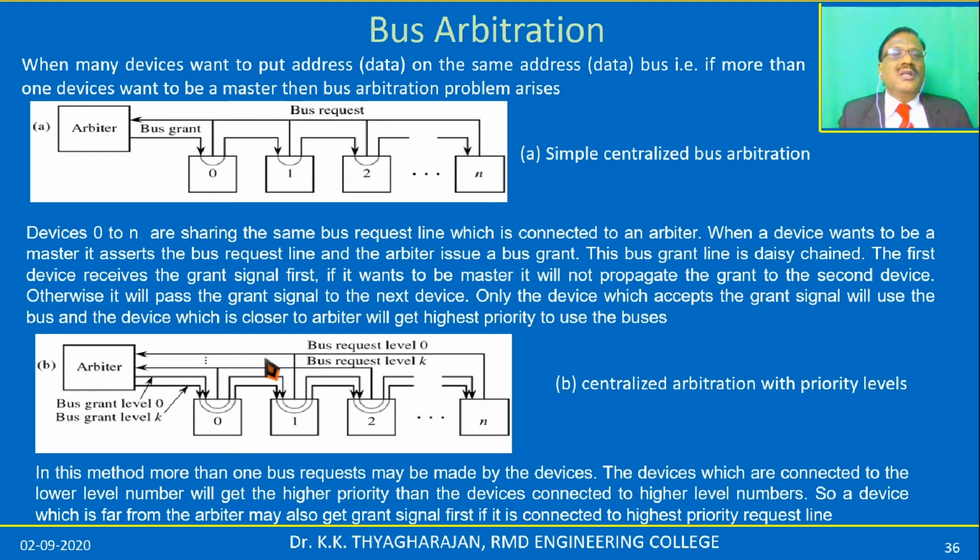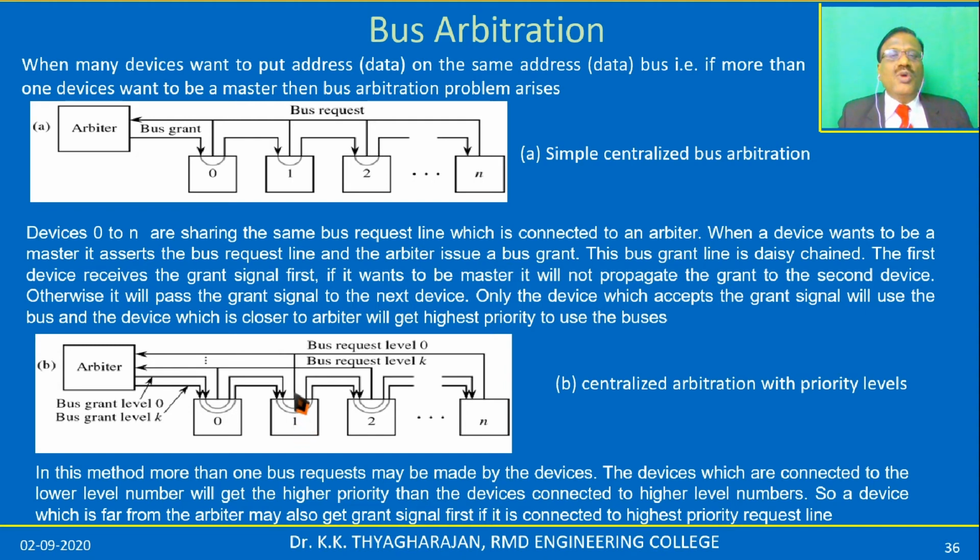The arbiter will receive the bus request through the bus request lines, and it will issue more than one grant signal. For example, if it issues a grant signal for level 1, that will pass through device 0. But device 0 is not connected with bus request level 0, so it will just pass this to device 1.